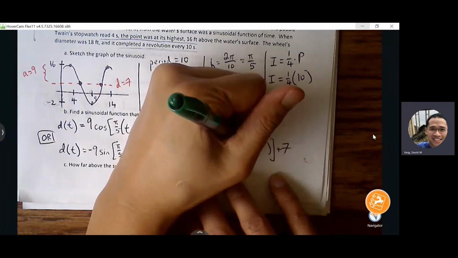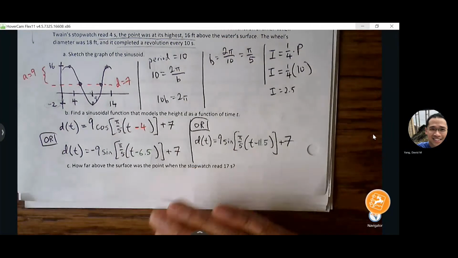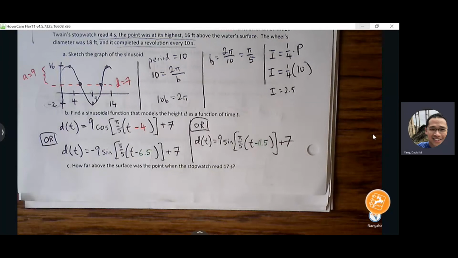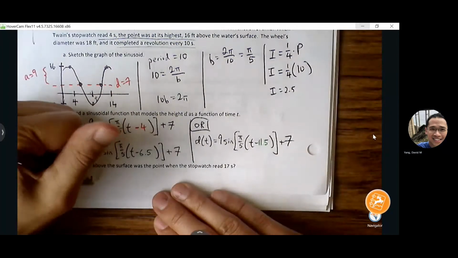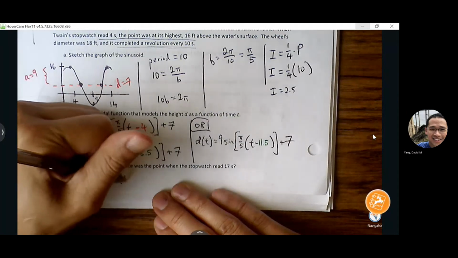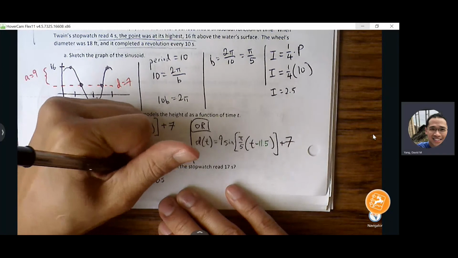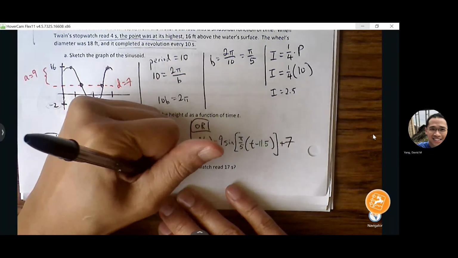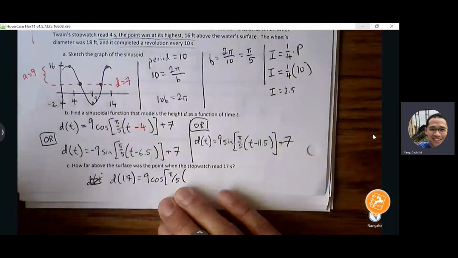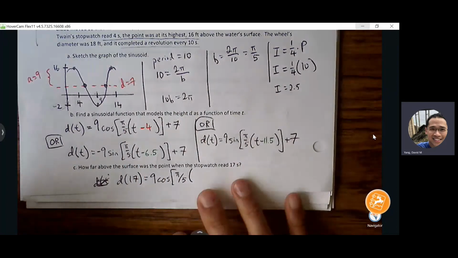So that's 11.5. Okay, plug 17 seconds into any of these equations. We should all get the same thing.